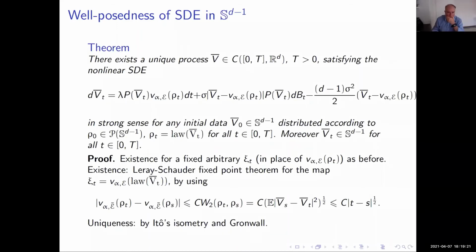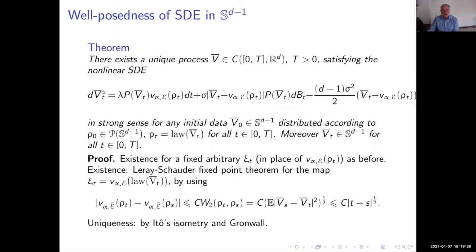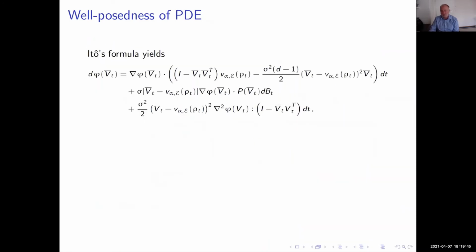Okay, now that one has at disposal the monoparticle dynamics, one can test this monoparticle dynamics with respect to a test function phi that is sufficiently smooth. And by using Ito calculus and the expression of the differential of the monoparticle dynamics, one can get this explicit expression.